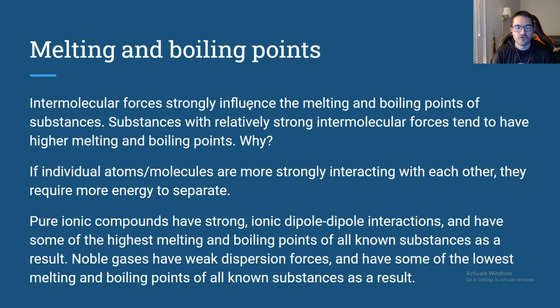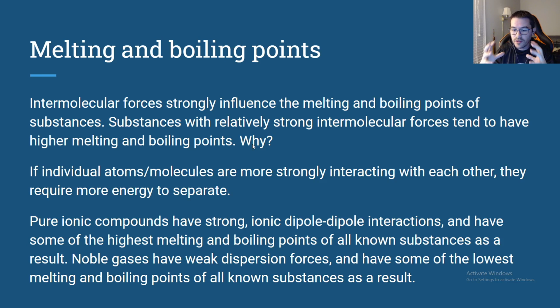So intermolecular forces strongly influence properties of substances, and the two that we're going to talk about right now are melting and boiling points. Okay? A general rule is that substances with relatively strong intermolecular forces tend to have higher melting and boiling points. Okay? Why? Let's think about that. First of all, think about what it means to be solid, liquid, or gas.